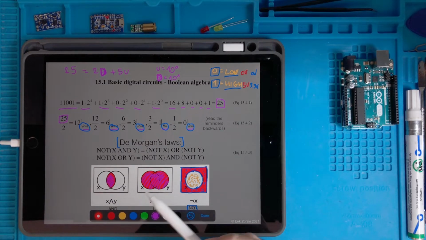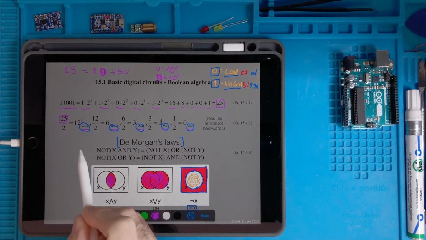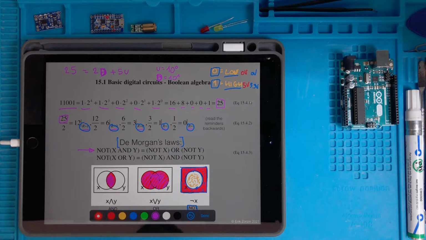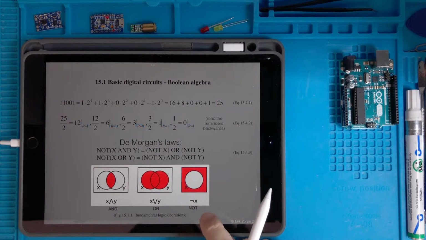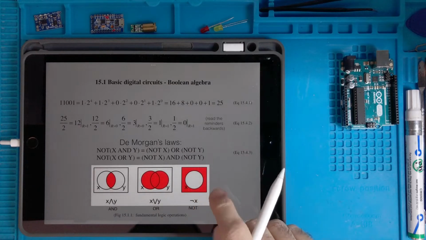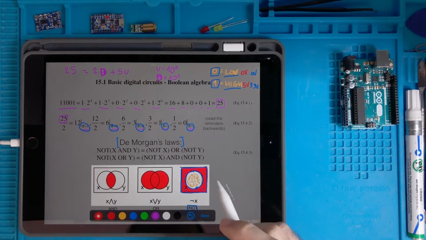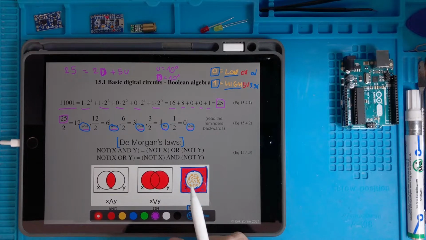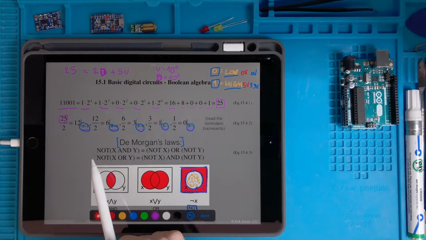So what the De Morgan's laws are saying, let's start for instance with the first one. It's a sort of equivalence. For instance, let's look at this one.